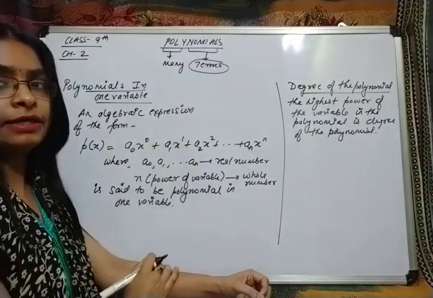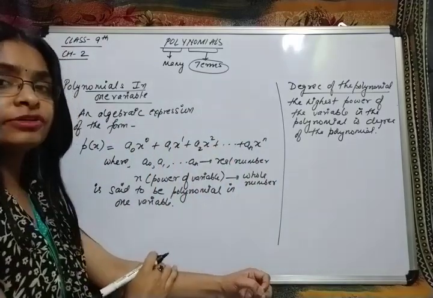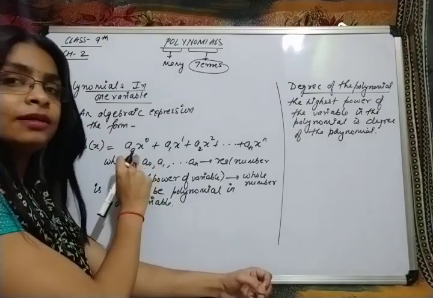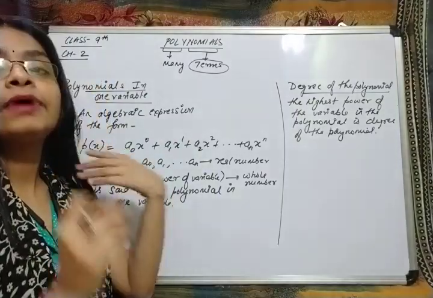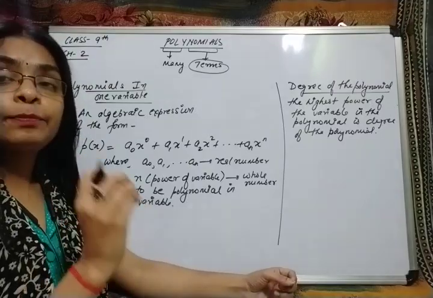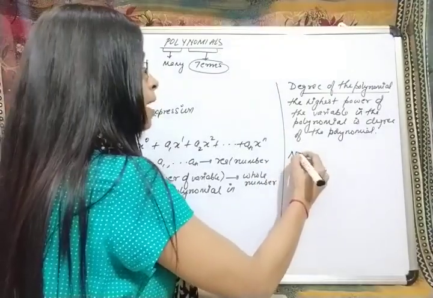If the degree is n, counting from 1 to n, in the general form of any polynomial of degree n there will be at most n plus 1 terms.